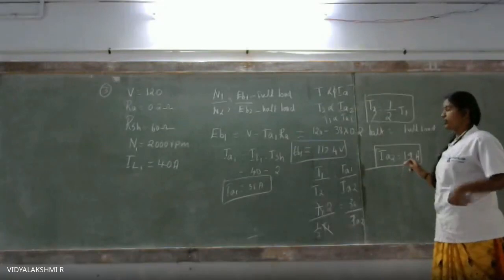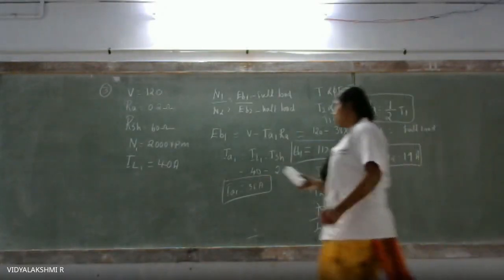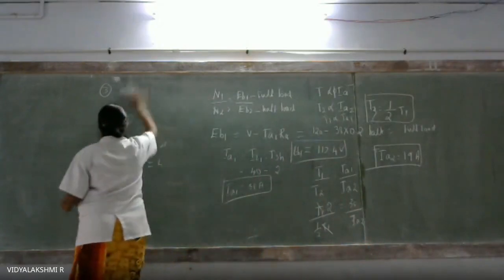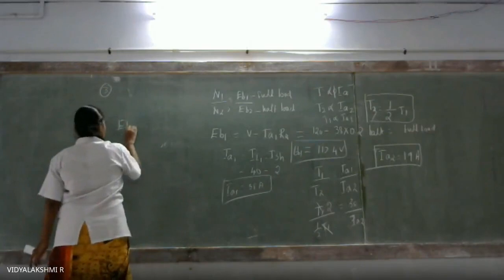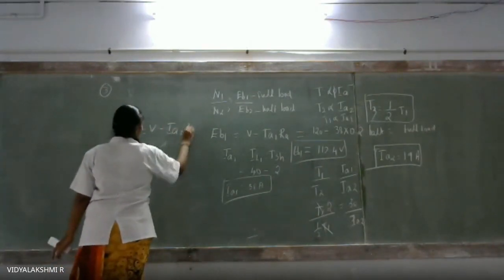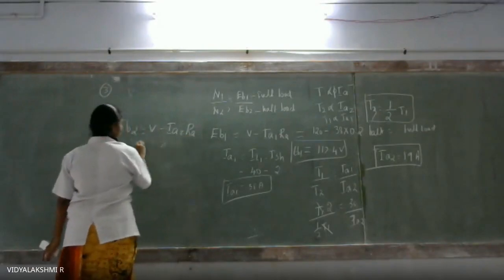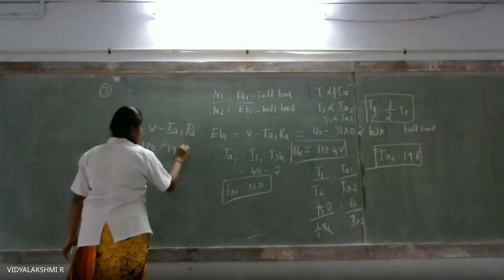From this, I'm going to find out the EB2 value. So what is EB2? EB2 is equal to V minus IA2 RA. So V is equal to 120, IA2 is equal to 19 into 0.2.